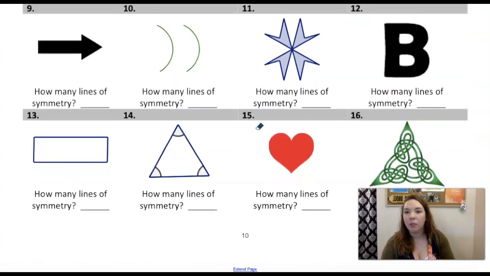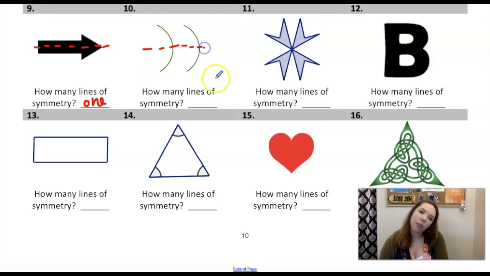How many lines of symmetry for our arrow? Well, I think we could definitely fold it in half this way. I don't see any others, so I'm going to say just 1. These 2 arcs, I think we could do this again. We couldn't do in half because if I folded it over, I would get one going the opposite direction. So I think that one is also just 1 line of symmetry.